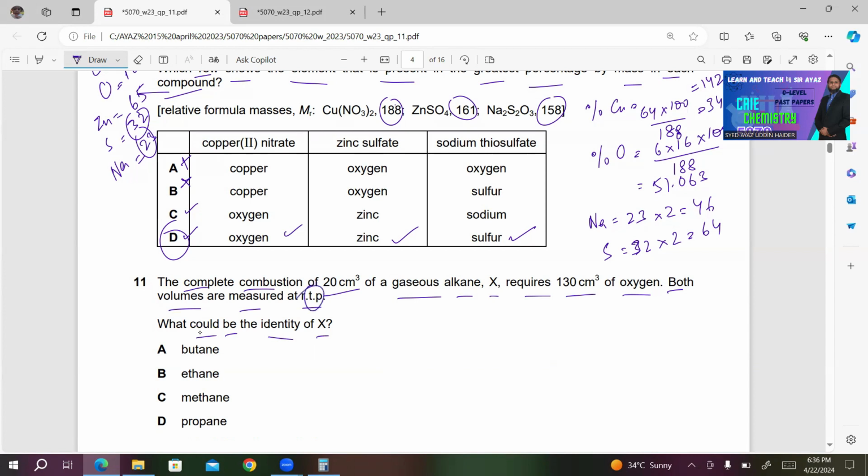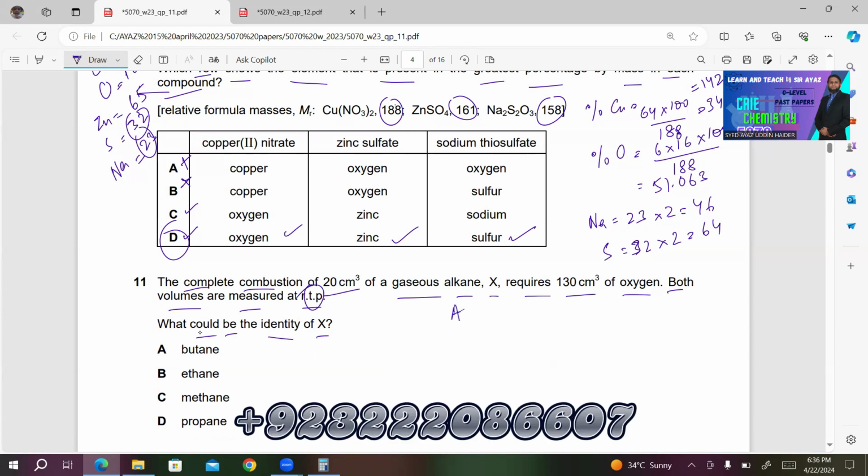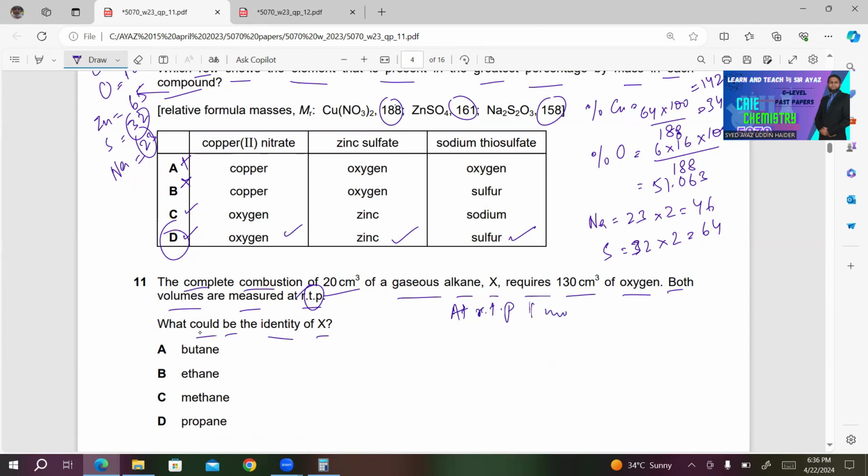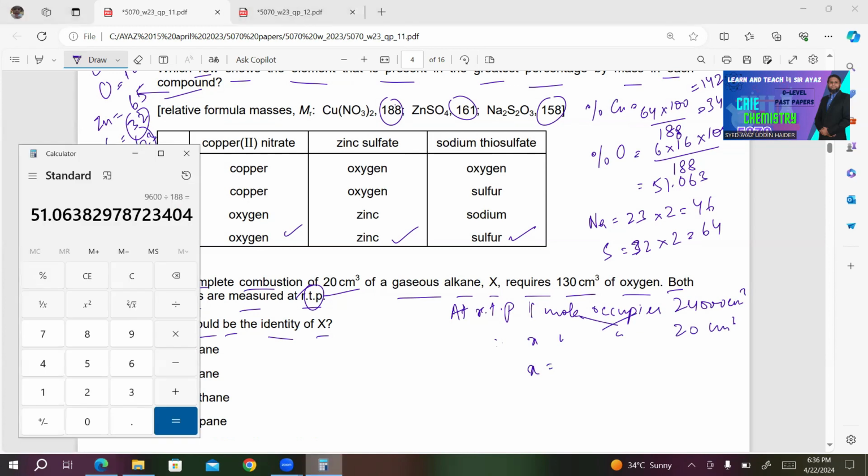At RTP, 1 mole occupies 24,000 centimeter cube. Therefore, X mole occupies 20 centimeter cube. So X will be 20 divided by 24,000.